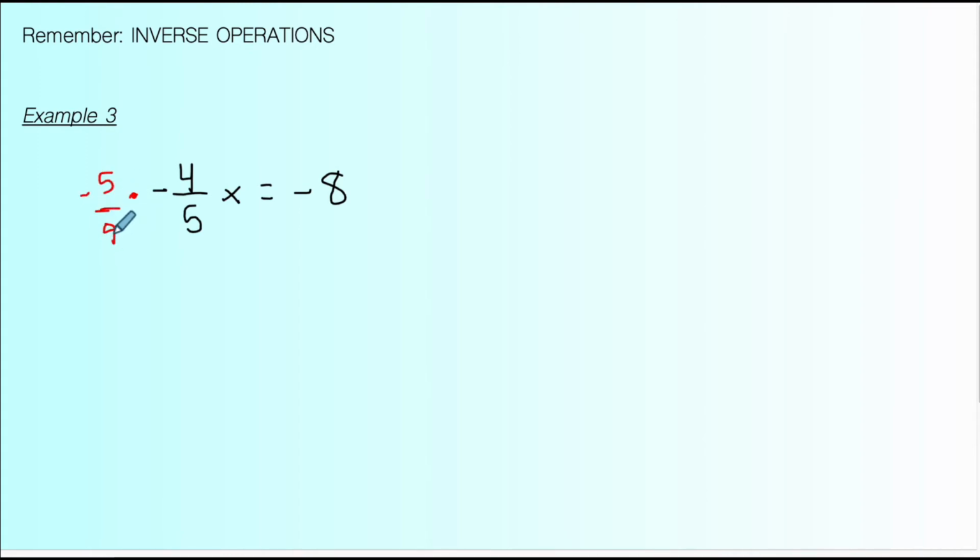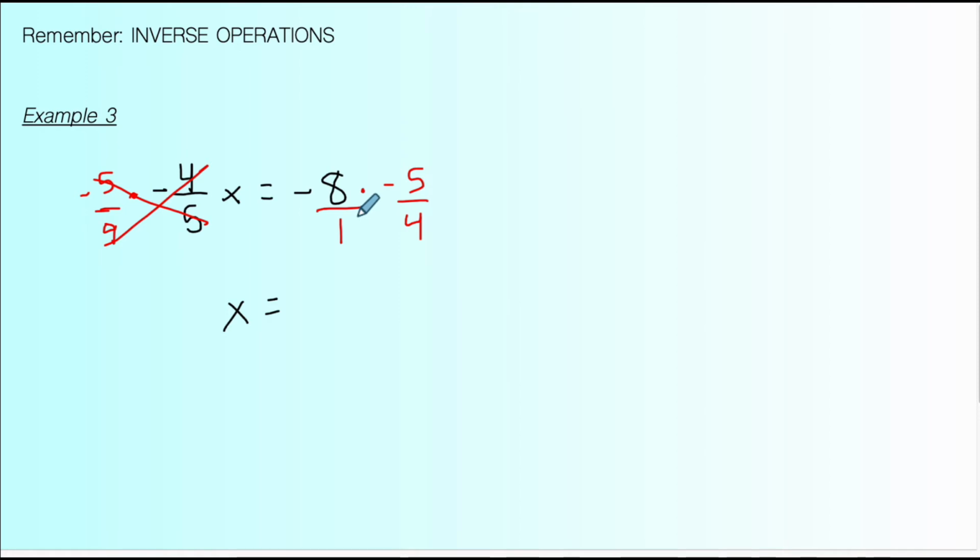And if you do that over here, the fractions reduce down to 1. Effectively, they cancel out, and it leaves x on this side. And whatever you do to one side, you do to the other. So let's multiply by -5/4 over here. And when we multiply by fractions, let's put this thing over 1.